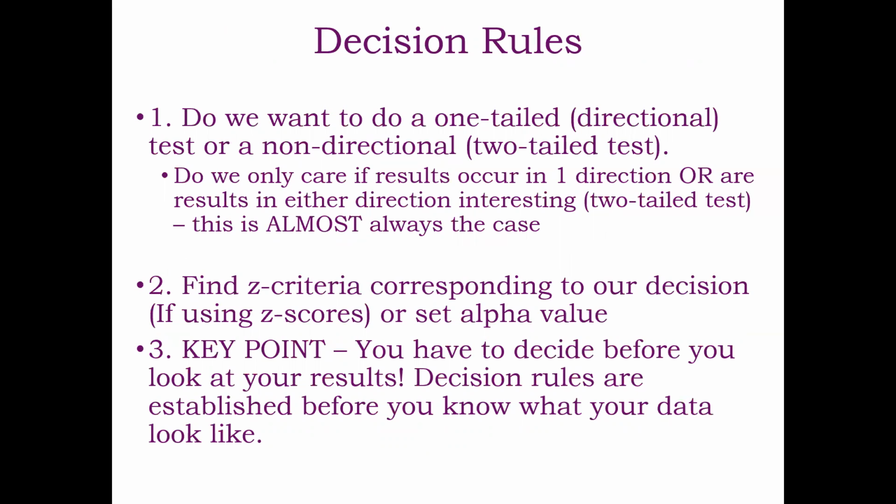You find your Z criteria corresponding to your decision, or you set the alpha value. A Z more extreme than 1.96 is our critical Z value for a two-tailed test at an alpha level of 0.05. You have to do this before you look at your results, before you even run the analyses. You establish them first.